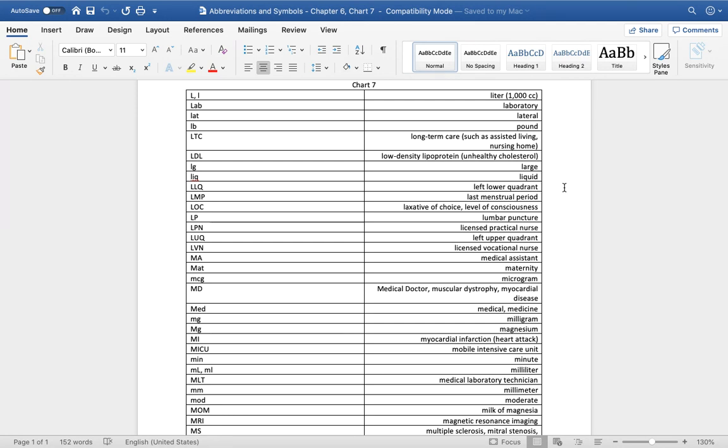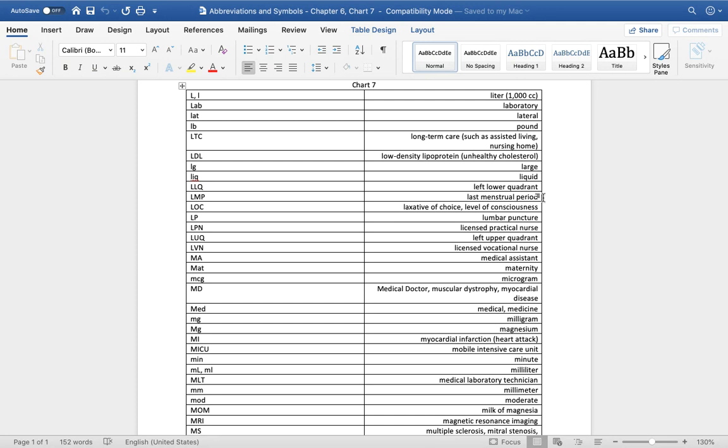LLQ, this is for left lower quadrant. This is from the patient's perspective, the anatomical position. Left lower quadrant, LLQ. Last menstrual period, LMP.